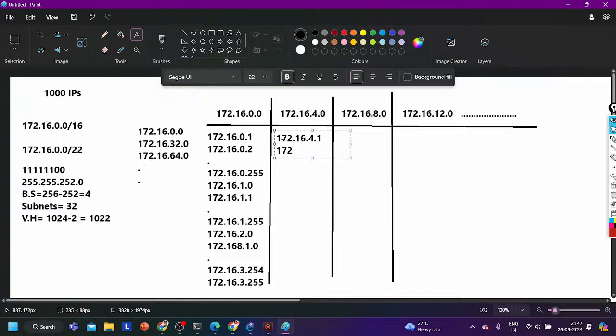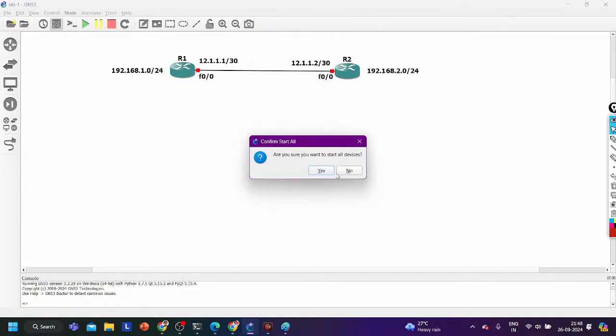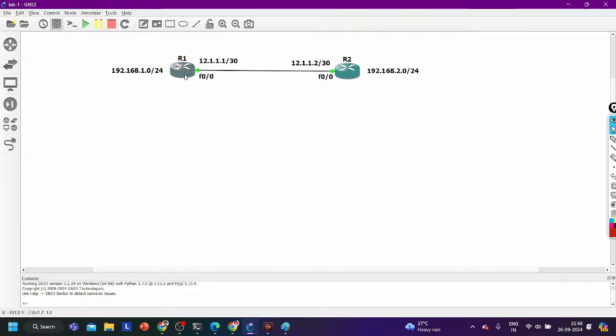In the same way, you can find the IP addresses in the second subnet: 4.1, 4.255, then 5.0. So this one is also a valid IP address, right? You can try to configure it. Here I have GNS3.